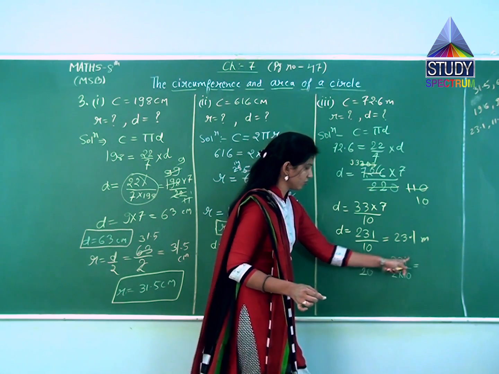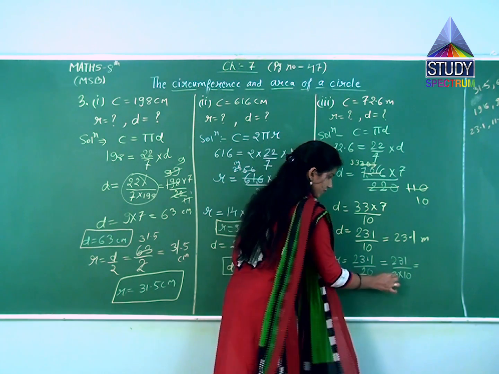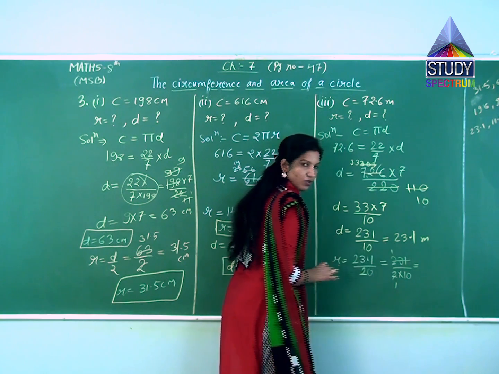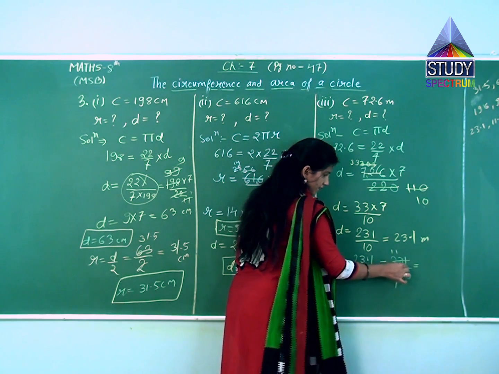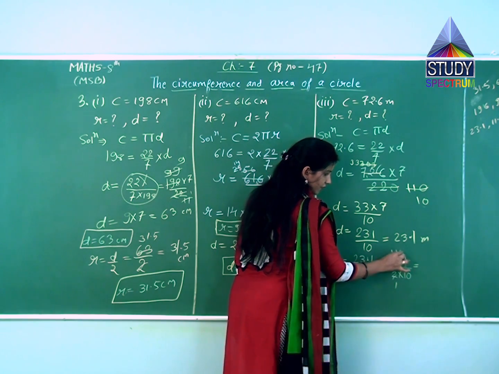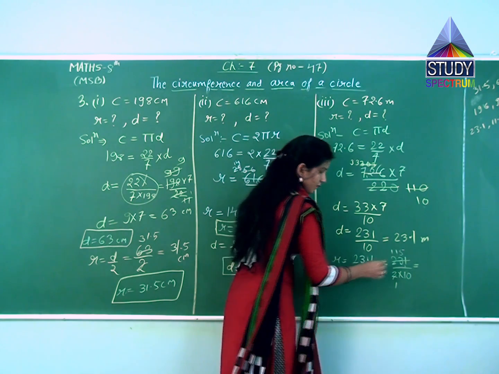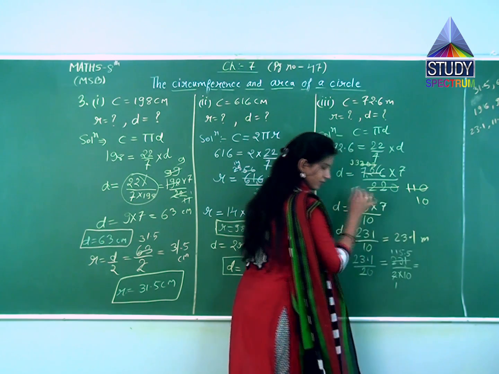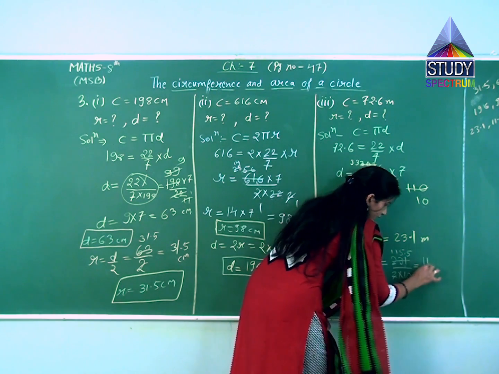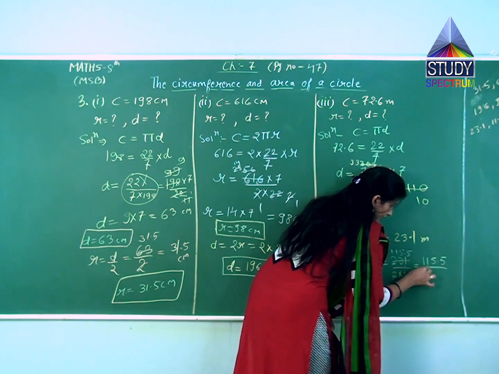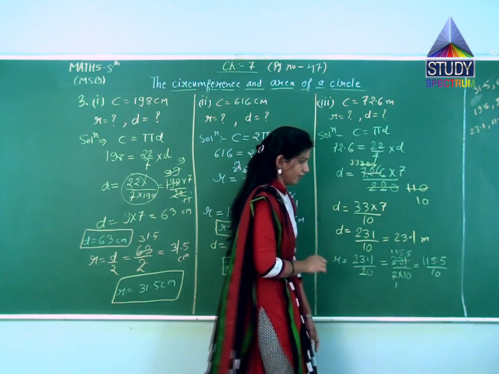On dividing this 231 by 2, what we get? 2 1s are 2. Again 2 1s are 2. 1 is remainder, 11. 2 5s are 10. 2 5s are 10. But 115.5 and 10 is in denominator.